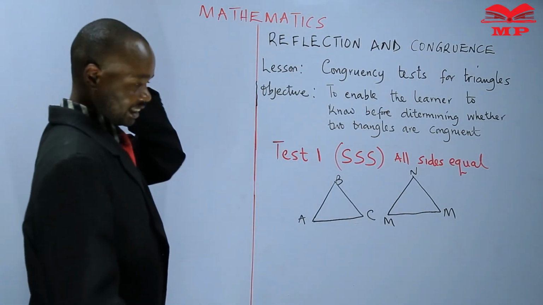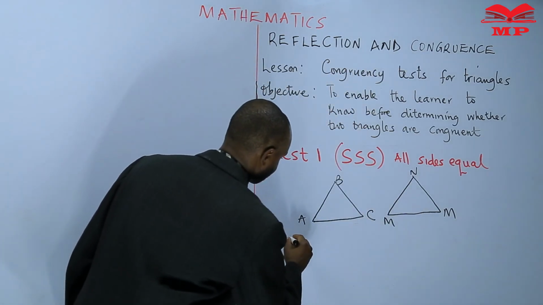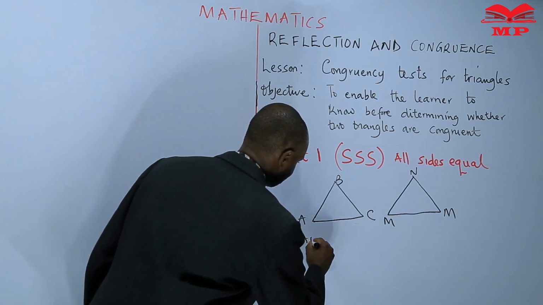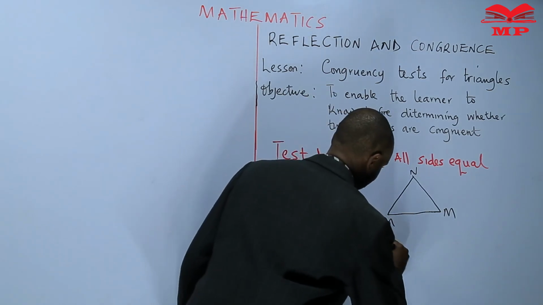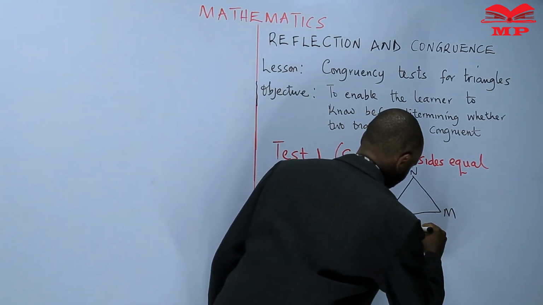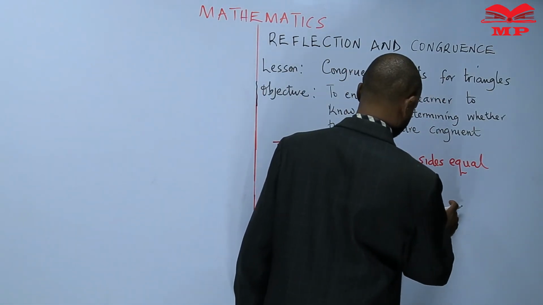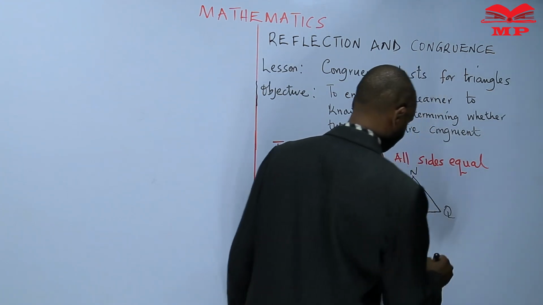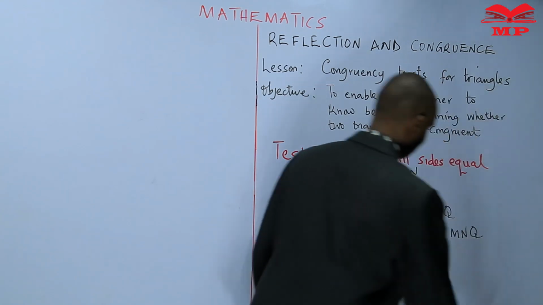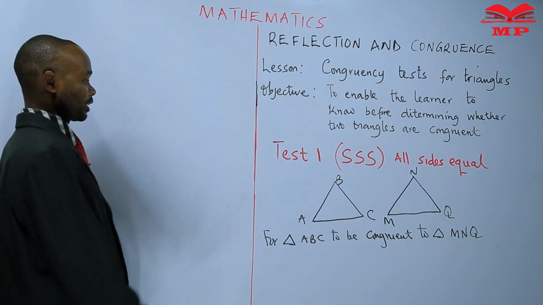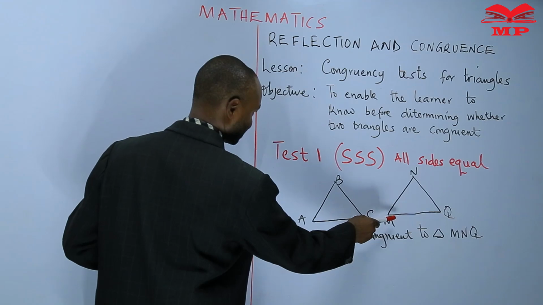For triangle ABC to be congruent to triangle MNQ, the corresponding pairs should be equal. AB should be equal to MN.